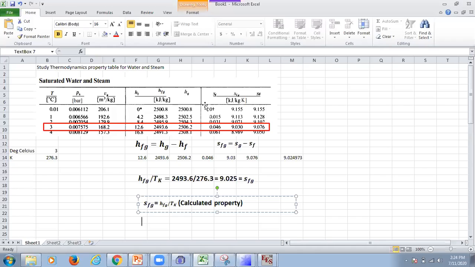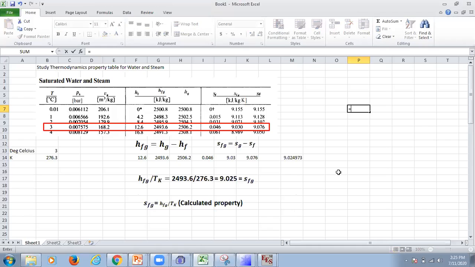So at 0, almost 0 here, SF is 0. 0 plus means this is 0. When 1 degree Celsius, SF is 0.0153. From where did this 0.0153 value come?